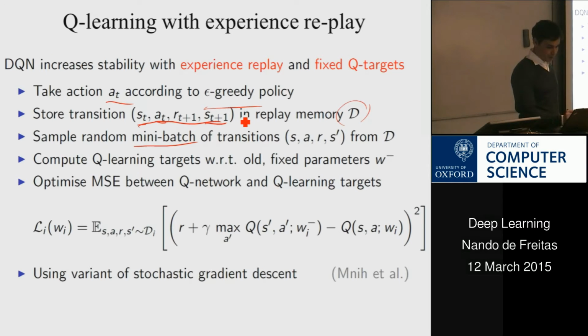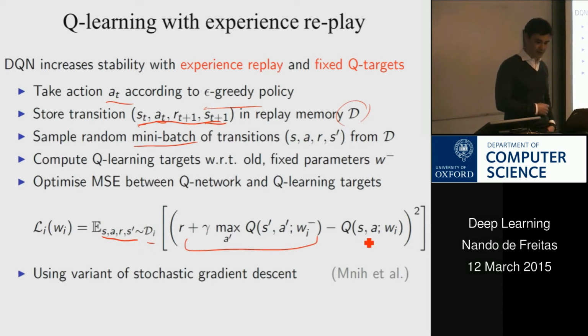And you compute the targets, that is, these quantities, evaluated at all these experiences. So basically, by drawing these samples from the database, we're going to approximate this expectation with just a sum over all those experiences in the database.